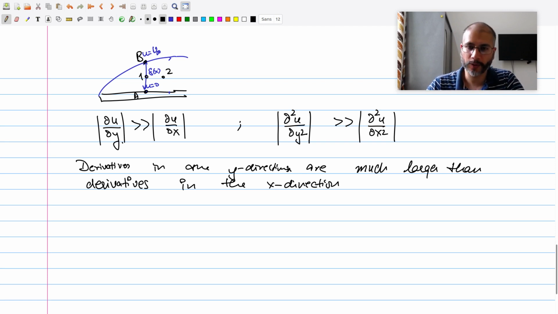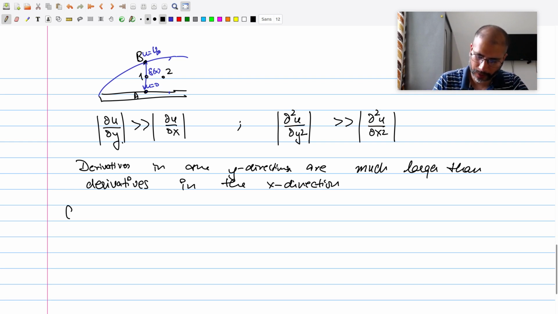The reason is that you have this boundary layer where the strong changes in the flow field will happen. In this case, we are seeing a strong change in u. We will also see strong changes in v as well, but that we will come to later. Okay, so let's start with our order of magnitude discussion.